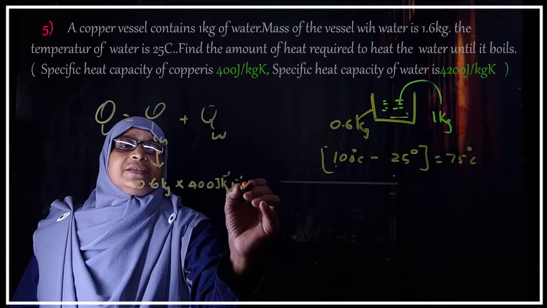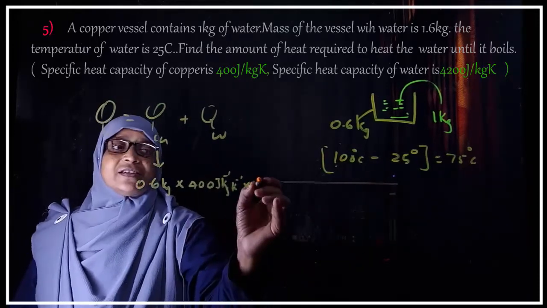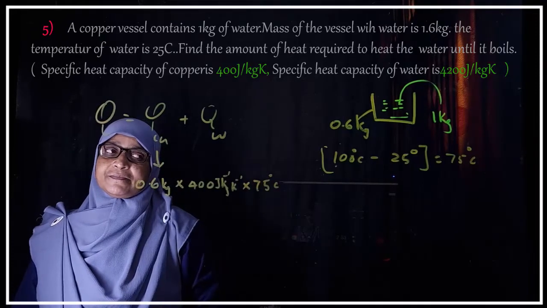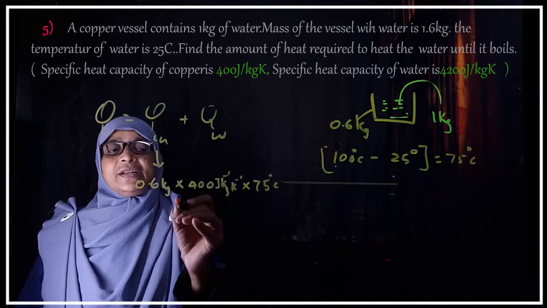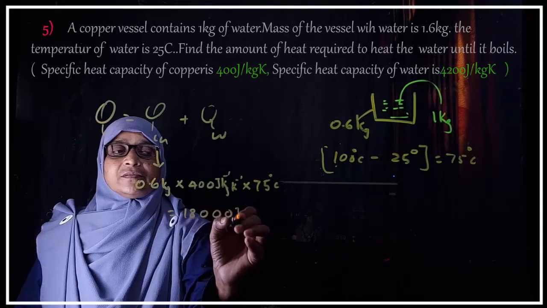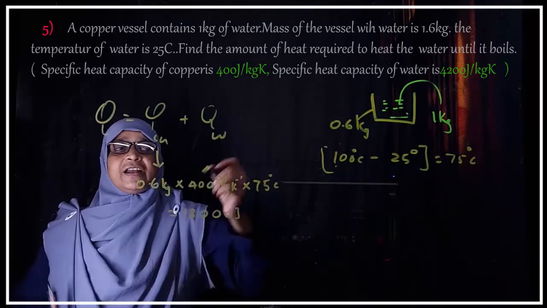What is the temperature difference? The temperature difference is 75 degrees Celsius. What is this amount? 18,000 joules.